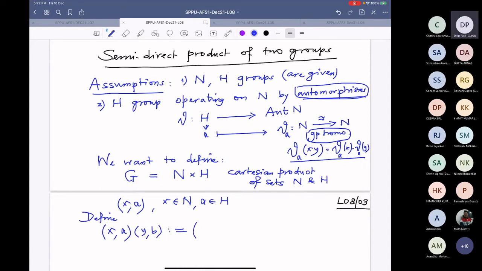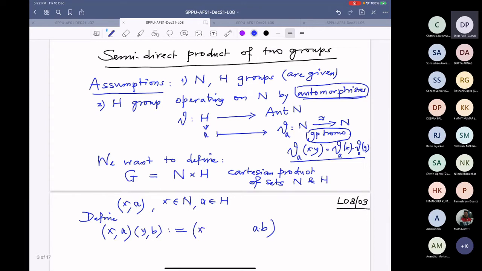So what do I need? I need a pair. The second component is in H and the first component is in N. The second component is ab, the operation in H, which was given to us. And the first component is x times something.